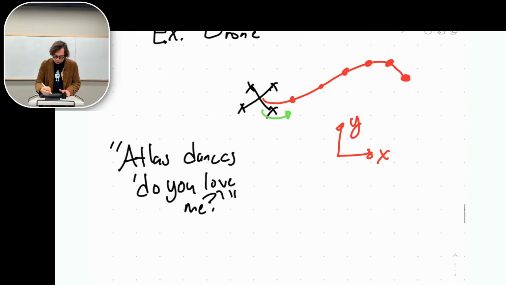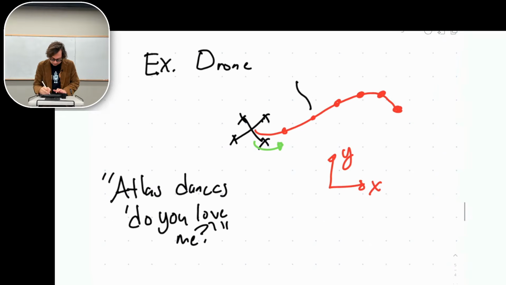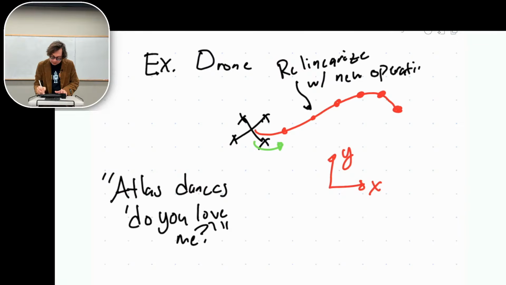So you can relinearize along the trajectory with new operating points.